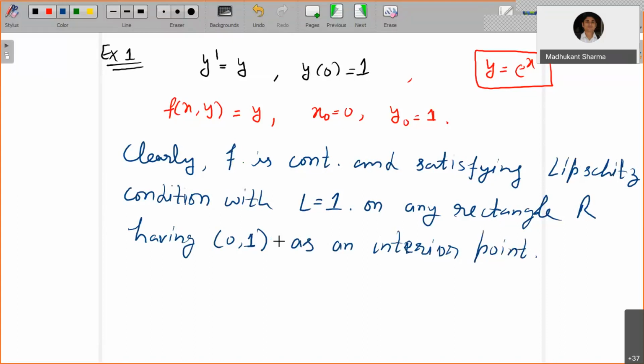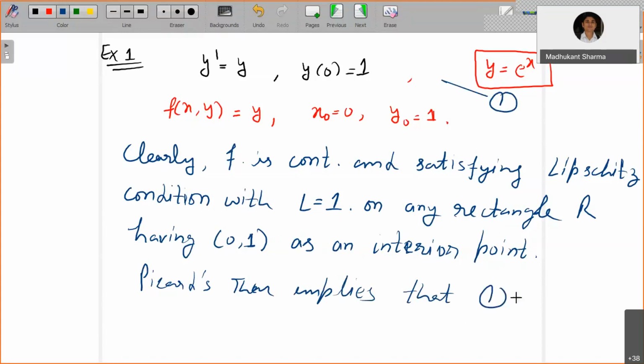So Picard's theorem implies that this equation has a unique solution.